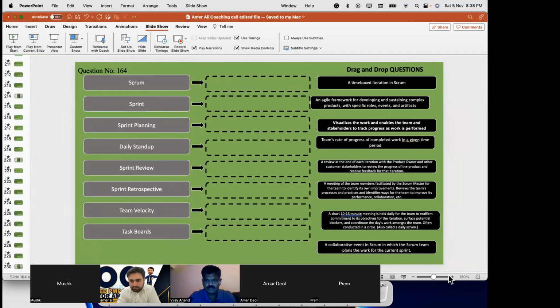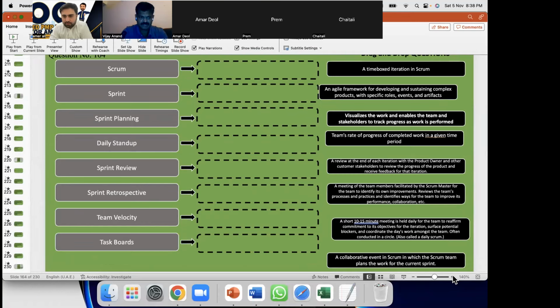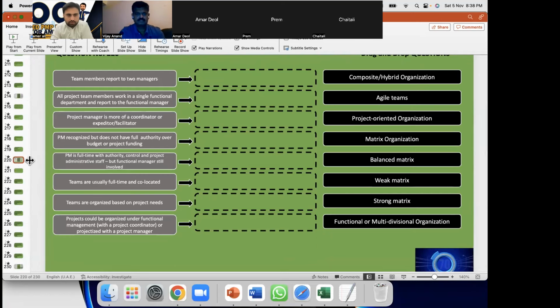Time bound iteration in Scrum will be sprint. Just give me a second, I'm trying to make it a little bit bigger for you.